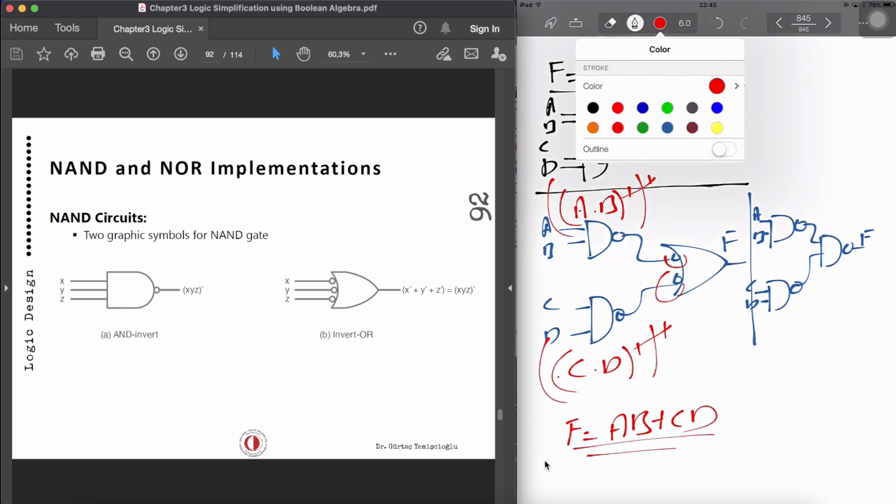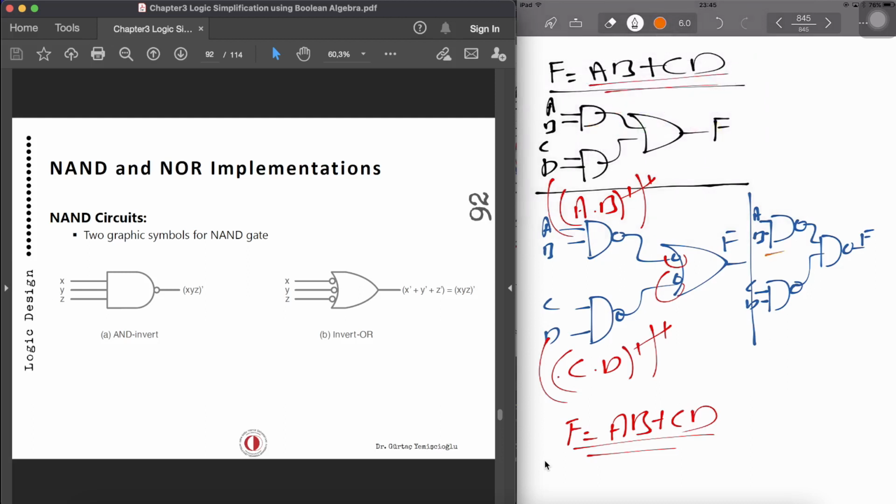Then over here, this is A dot B prime. This is C dot D prime. And of course, we have F, which is A dot B prime dot C dot D prime. And we have a prime on top.